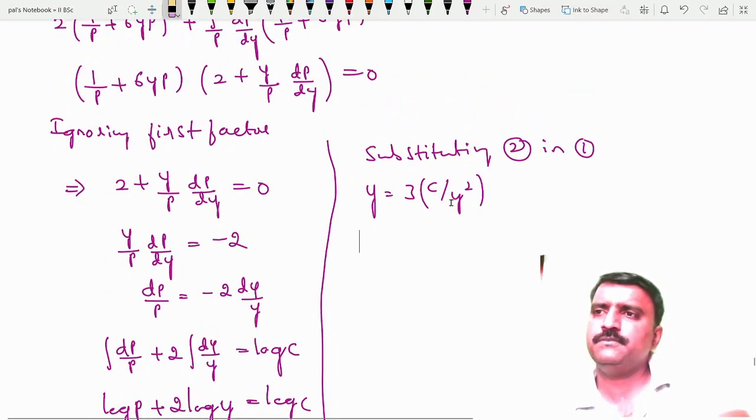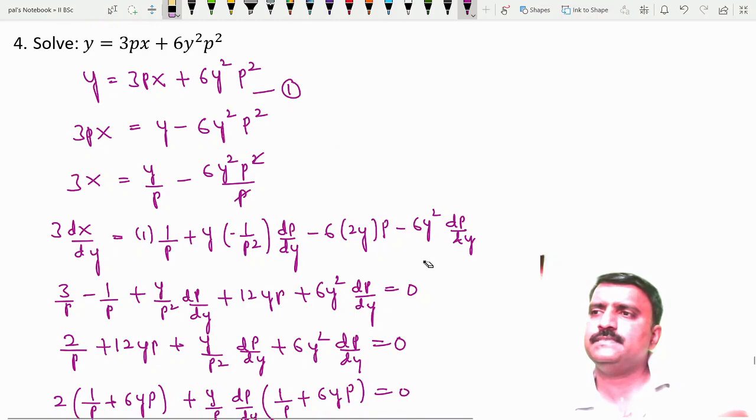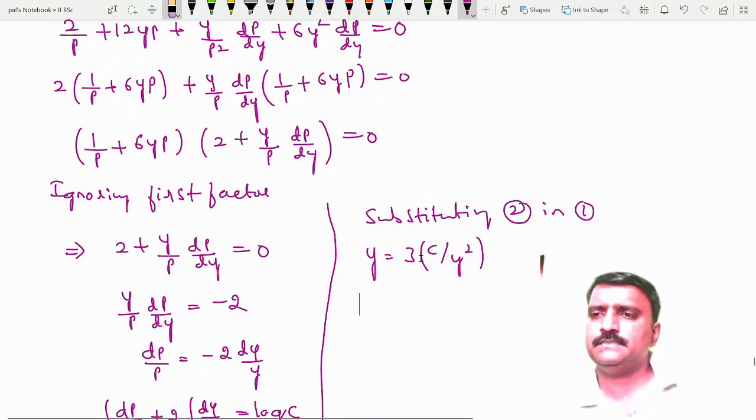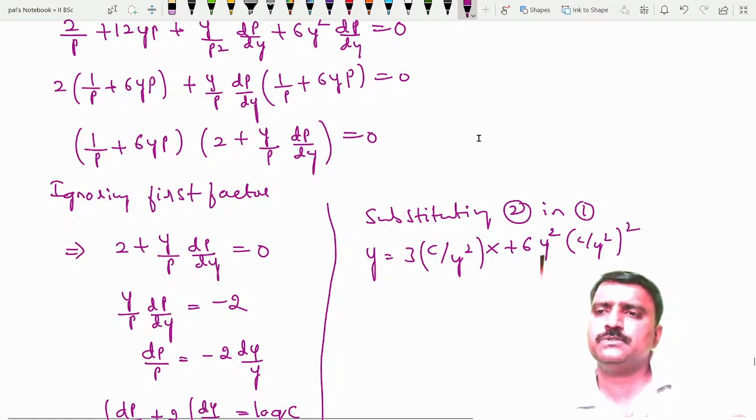P is equal to c by y square. If you substitute that here, 3px plus 6y square p square, where p square is c by y square whole square.